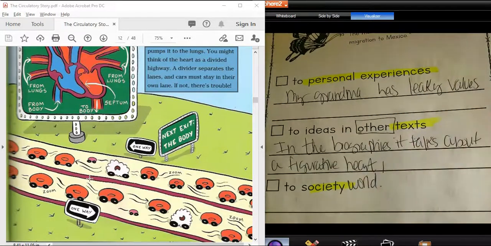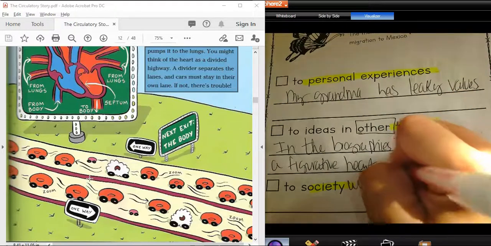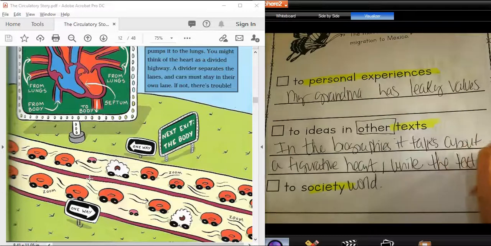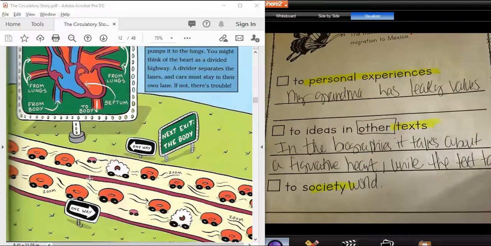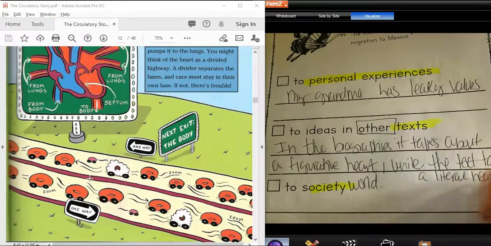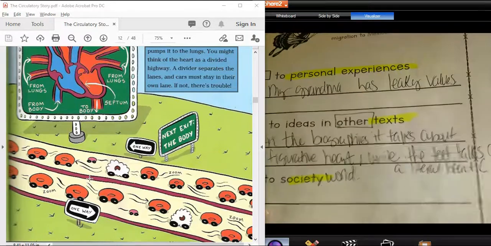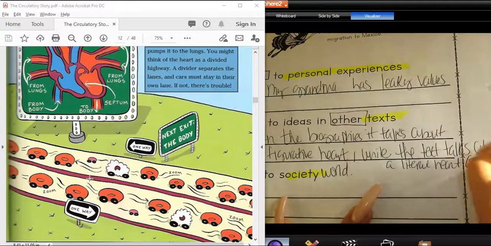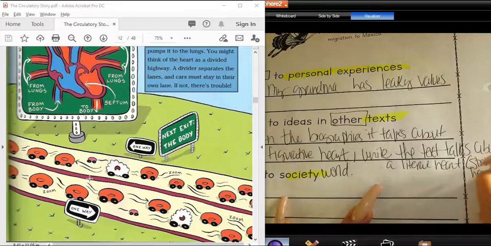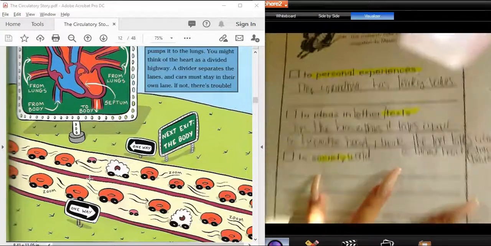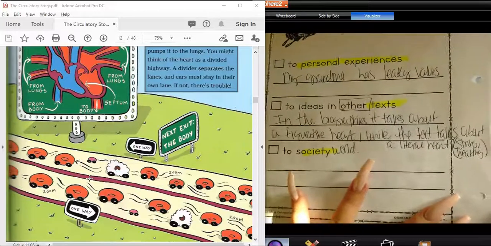Okay, so in the biographies it talks about a figurative heart, while the text talks about a literal heart. Remember, what are some examples of a literal heart? It is strong and it's healthy. So those are my two examples. I'm going to go ahead and zoom out so that you can see.